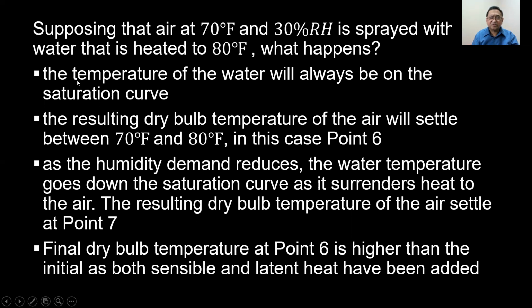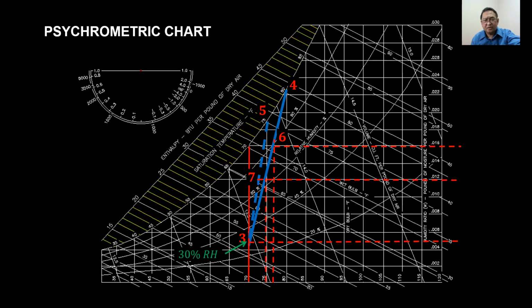Number two, the resulting dry bulb temperature of the air will settle between 70 Fahrenheit and 80 Fahrenheit, in this case point 6. Let's look at this closely.